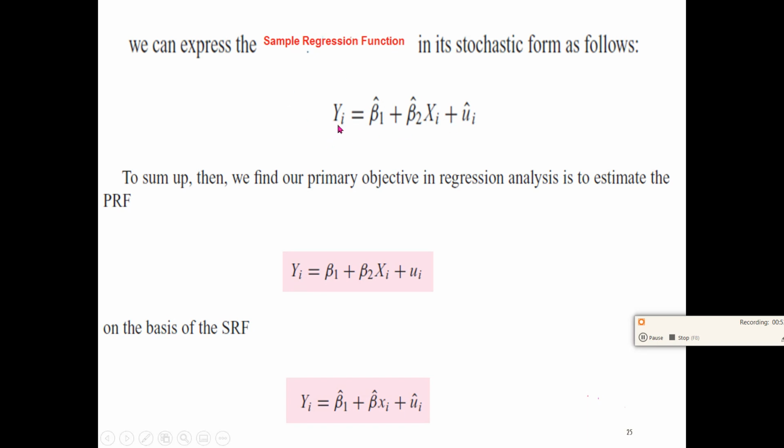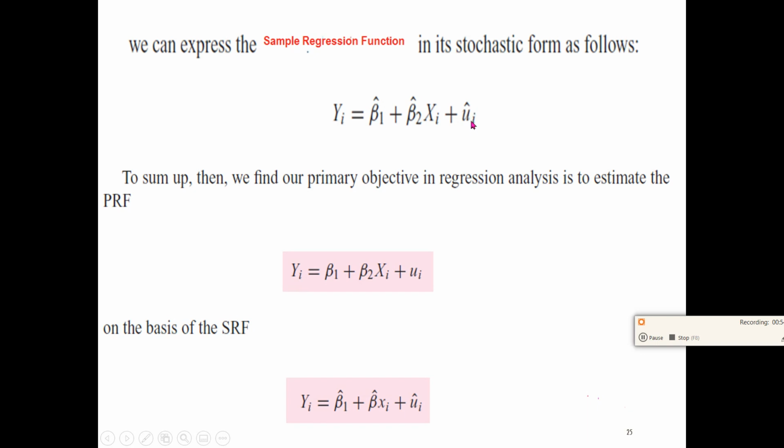That is, if I refer back to the consumption and income example, this sample regression function says that the consumption of a family is equal to beta 1 hat plus beta 2 hat times its income plus the random error part. And you see, we even have a hat on the random error. Why?